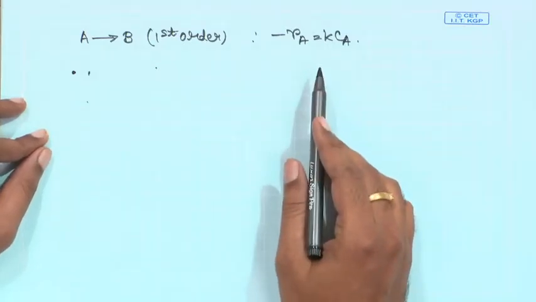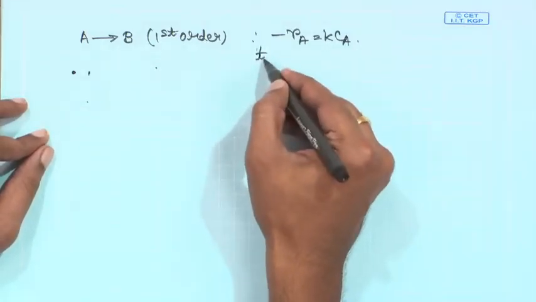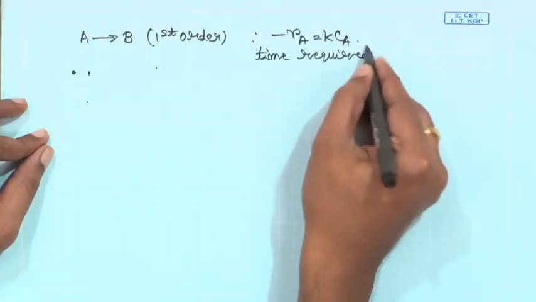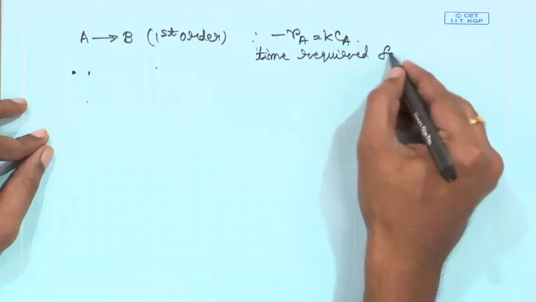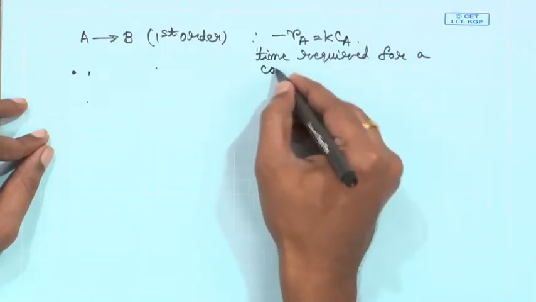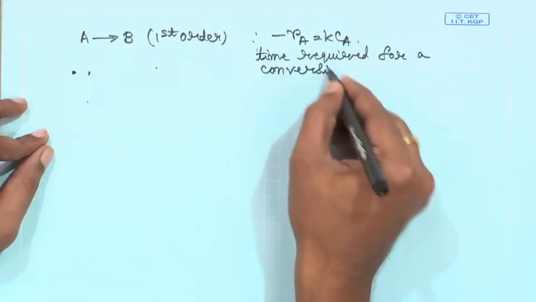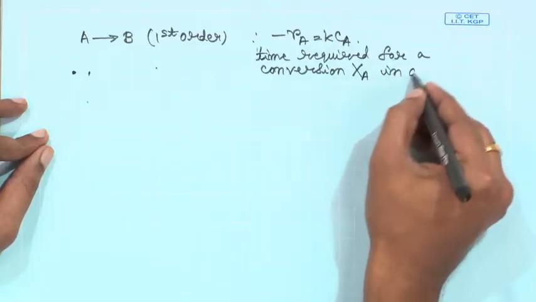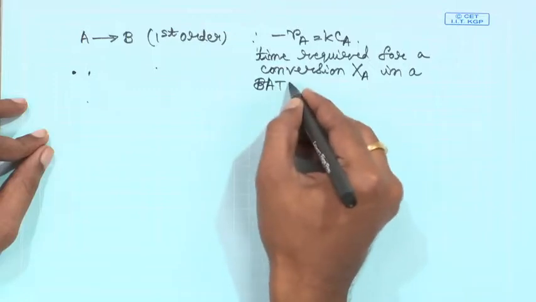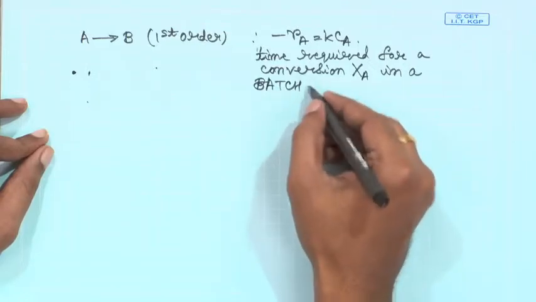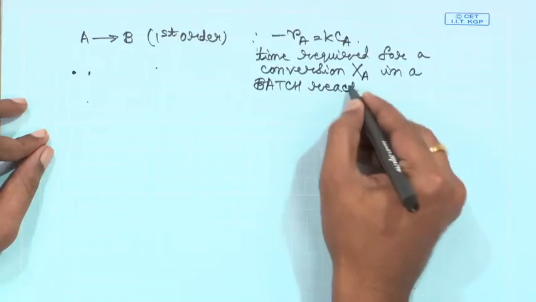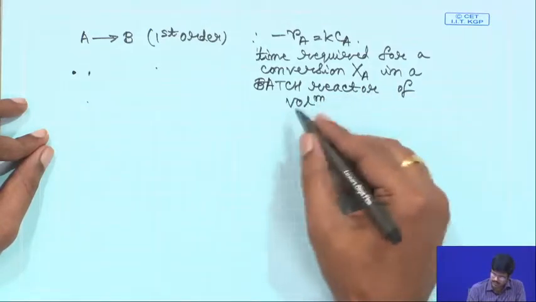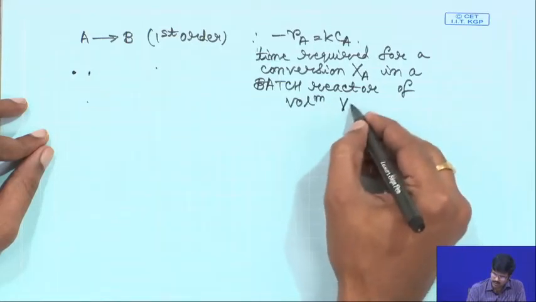Now, the question is you have to calculate the time required for a conversion. Let us say we are targeting a particular conversion which is X A in a batch reactor of constant volume V equal to V naught.